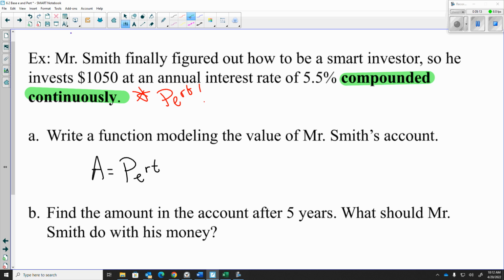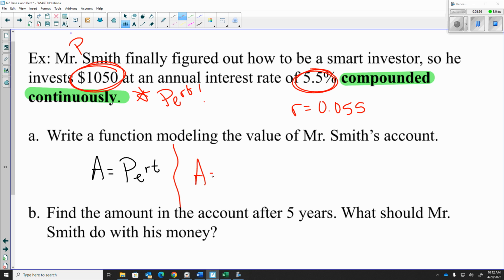Okay, you have 1050. That is the initial, that's your principal. And then it's E, and then we also have the rate, which is 0.055. So it's 5.5%. You want to turn it into a decimal. Move it over twice. 0.055. That's the rate. So if I want to write the equation, here it is. A, the final amount, I don't know what it is, right?